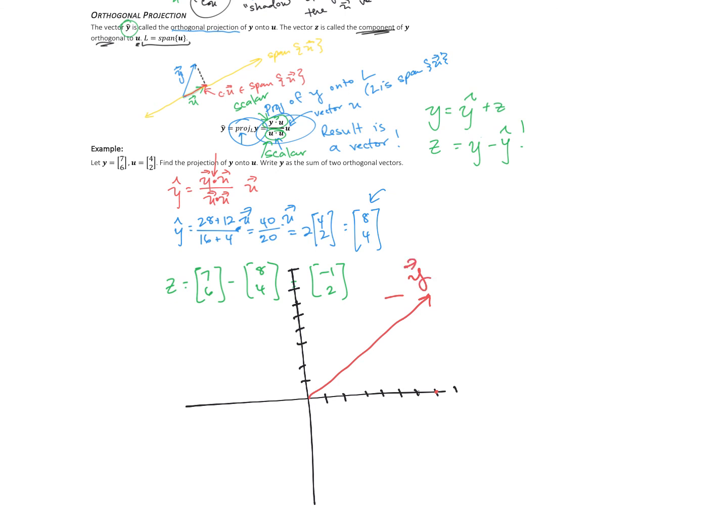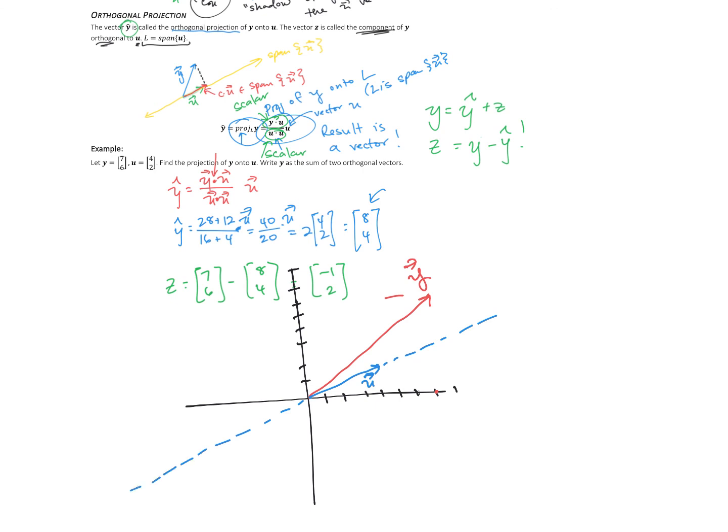Our u vector is (4, 2). So there's u. And what we want to do is think about u as being a line. Our projection is going to be onto the line that is made by the span of u.